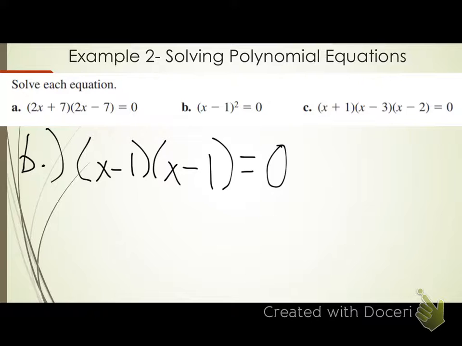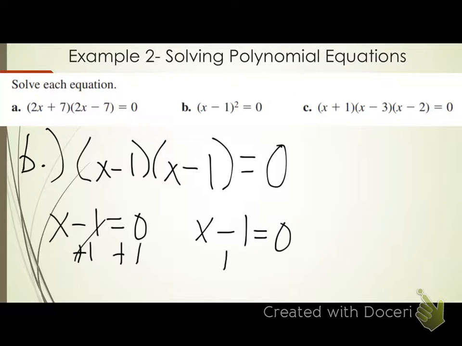Everyone okay with that? Okay, so what are my two factors here? X minus 1 and x minus 1, right? So I set each of those equal to 0. How do I solve both of those? Add 1 to both sides. For both of them, what does x equal? 1.